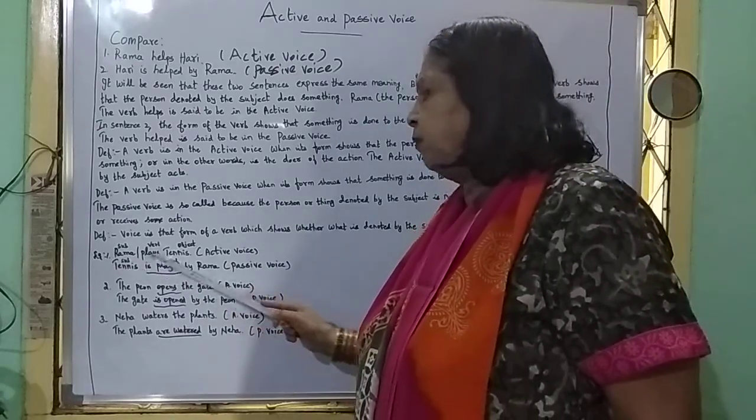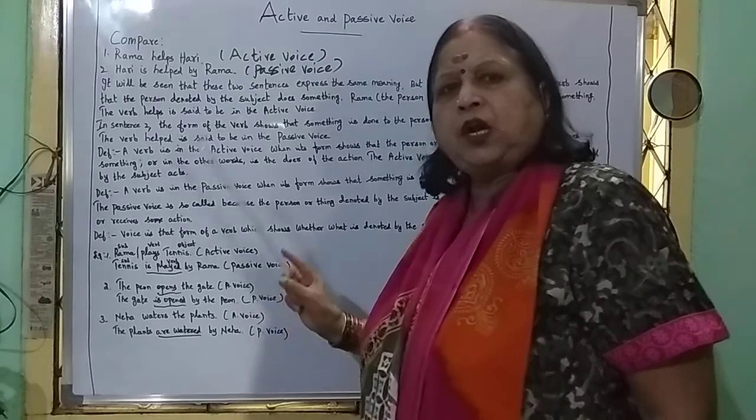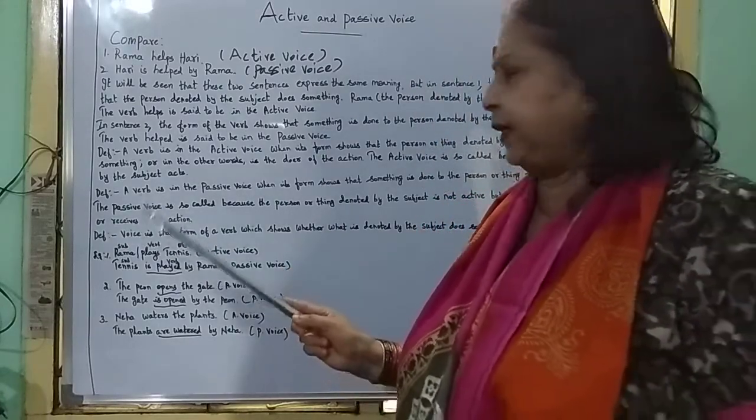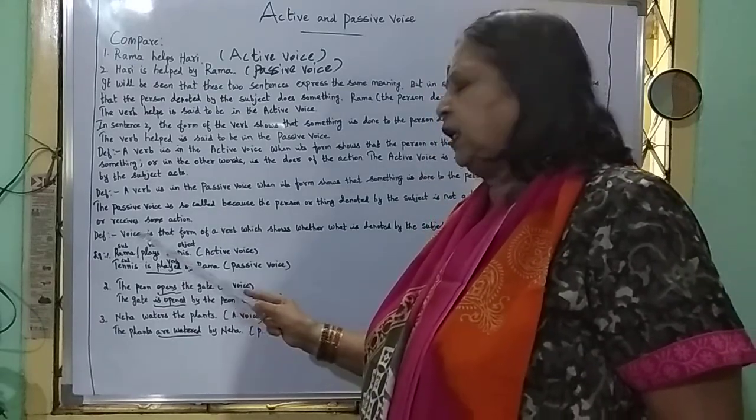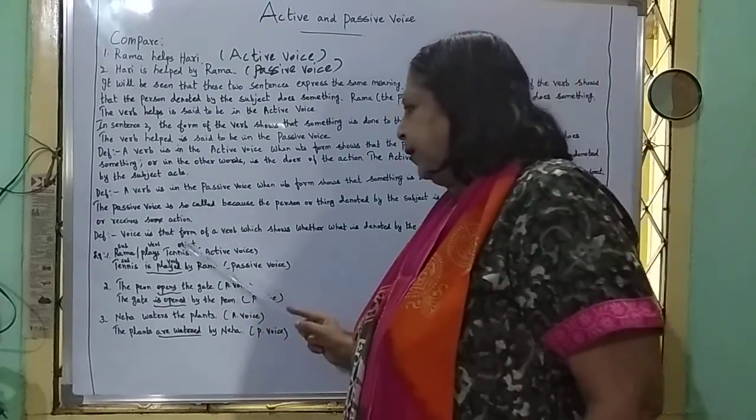Example. Rama plays tennis. Already I taught you subject and predicate. Every sentence has two parts. One is subject, another one is predicate.